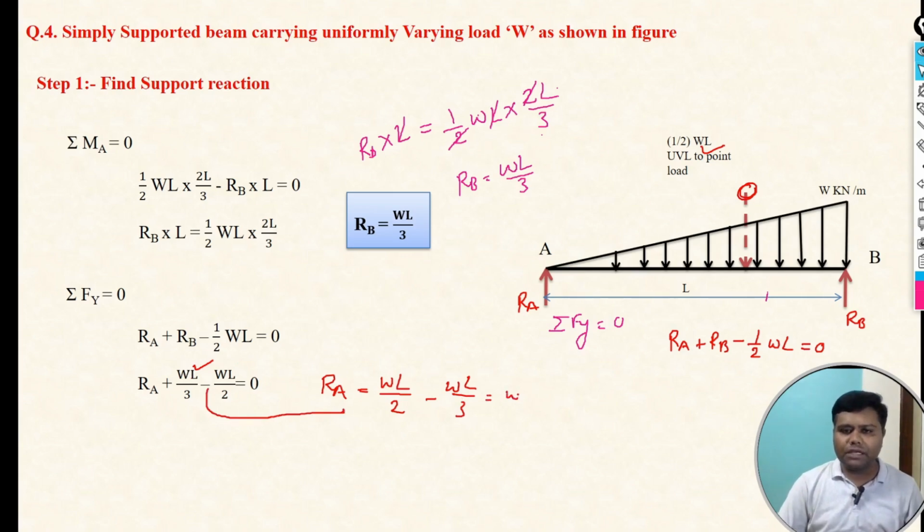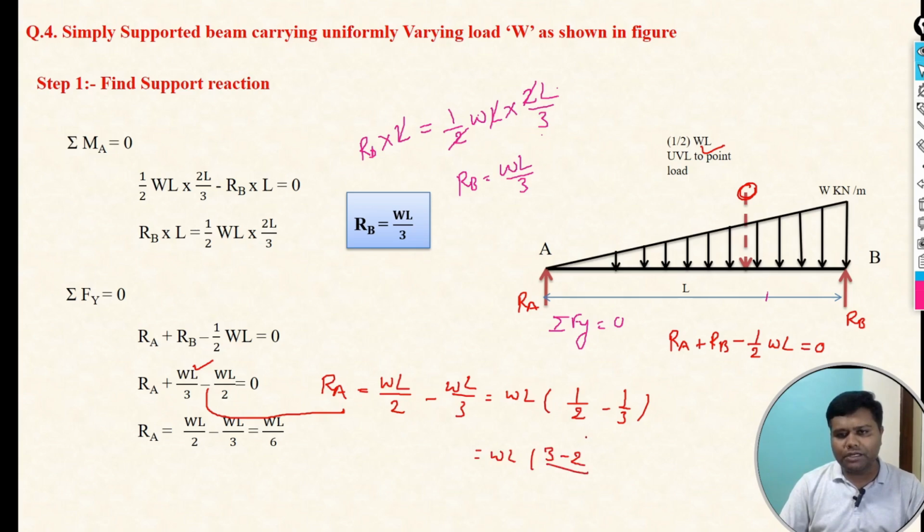Now just take WL as common. The remaining term is 1 by 2 minus 1 by 3. Taking the cross multiplication, that is 3 minus 2 divided by the multiplication of these two, that is 6. 3 minus 2 is 1, so the remaining term is WL into 1 by 6, that is WL by 6.